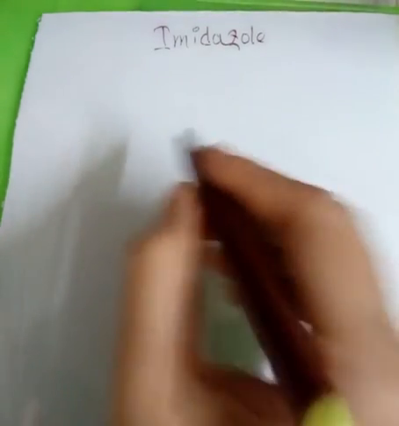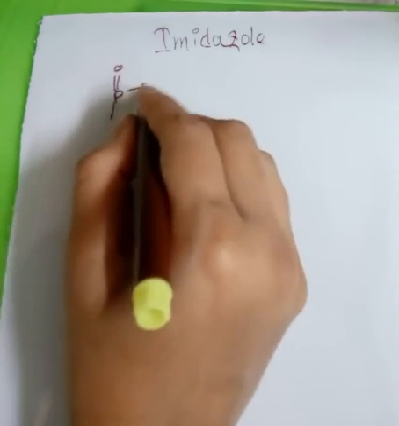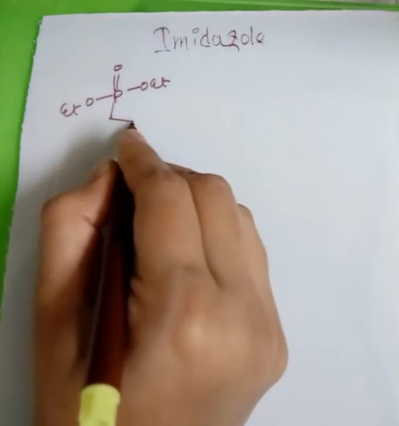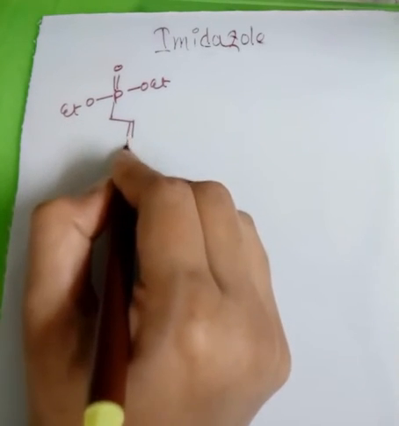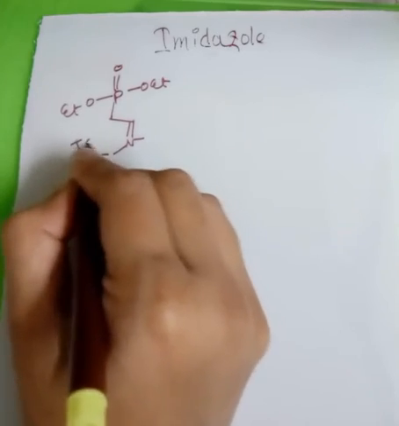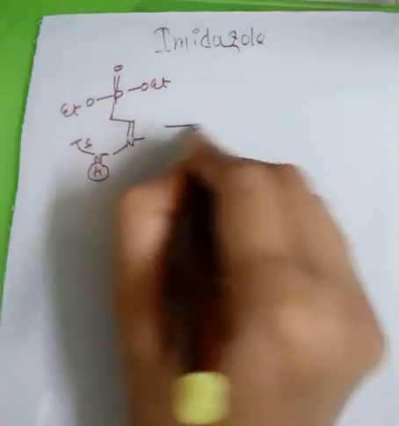The mechanism is like this: your tosyl group is attached, and this proton is the acidic proton.